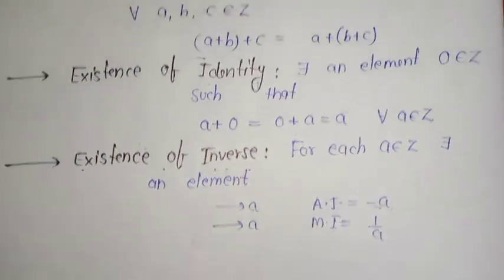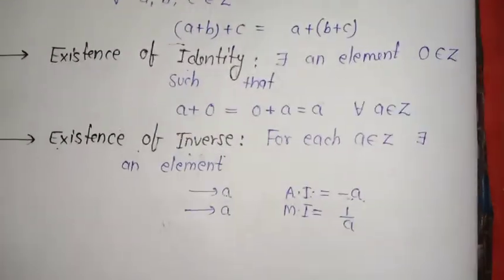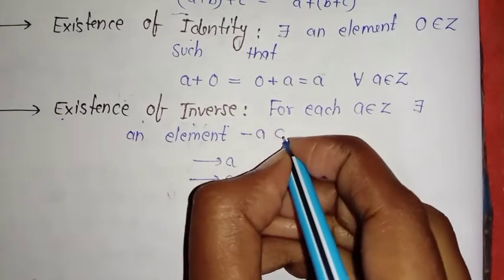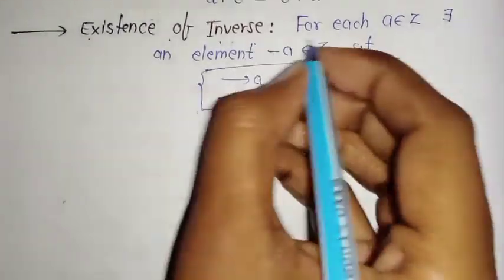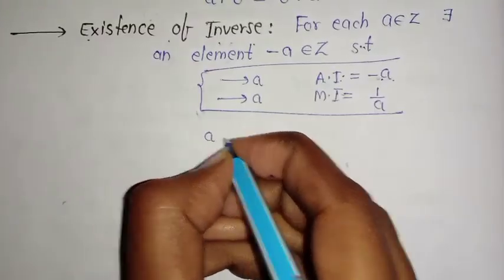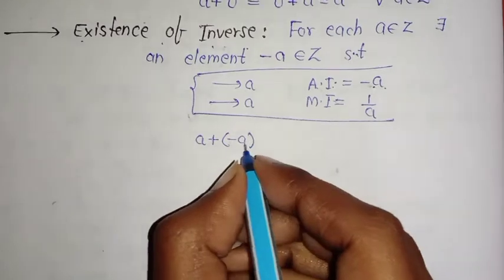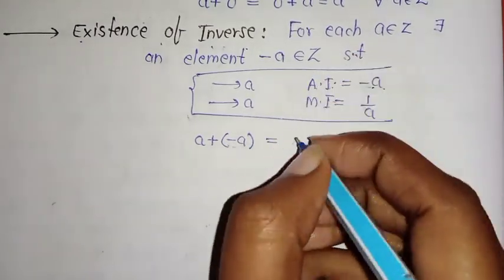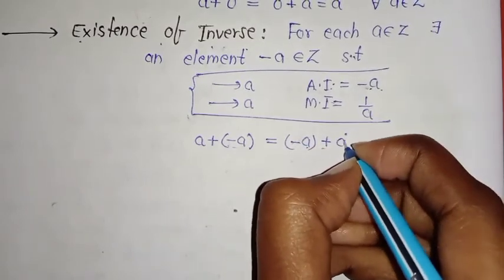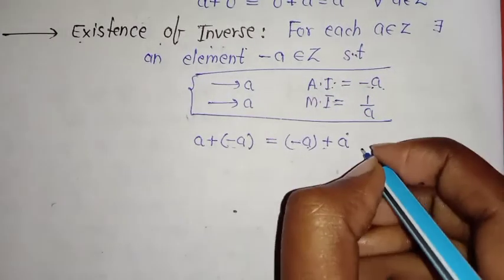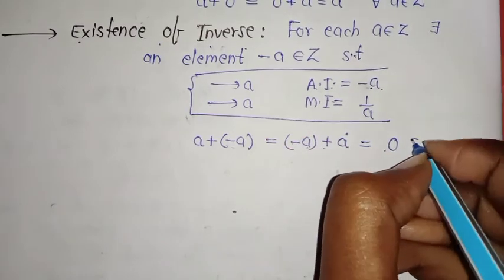Since here our binary operation is addition, we will take the additive inverse, so we will take minus a belongs to Z, such that a with our binary operation applied with its inverse, that is, if we take minus a, our binary operation, and apply it with the given element, then we get 0. And this is the identity of our group. So we can say this also belongs to Z.